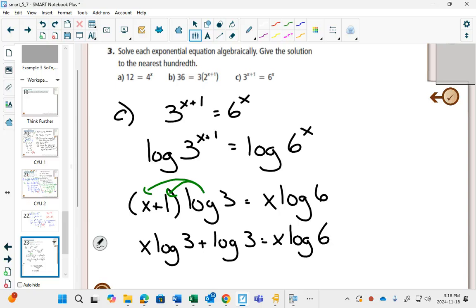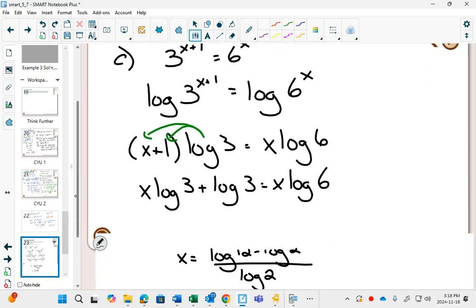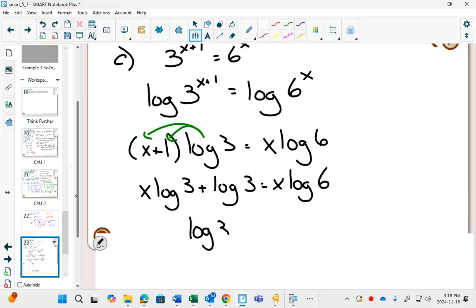I have x's in 2 terms, so I'm going to put both of my x's on the same side. So I'll have log 3 equals x log 6, and I'll move the other x log 3 over.